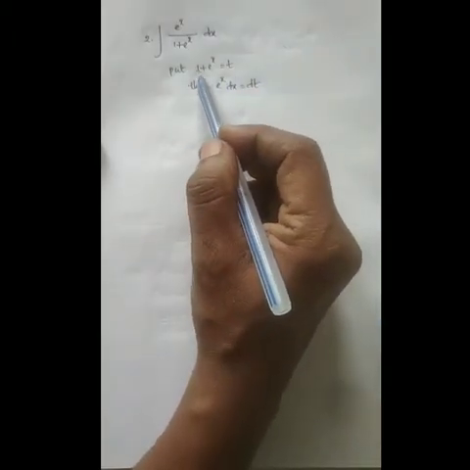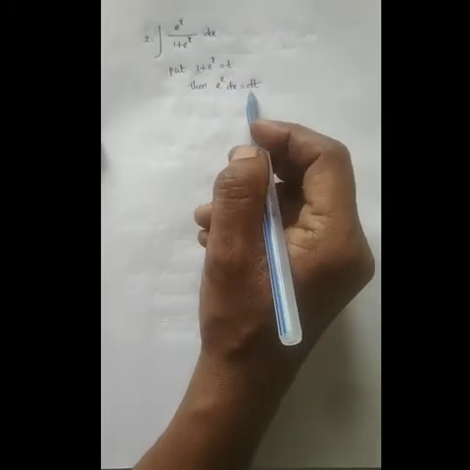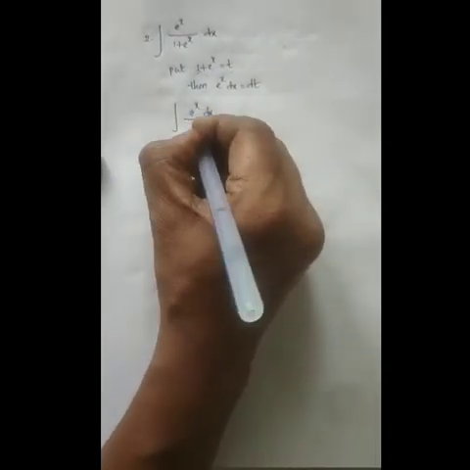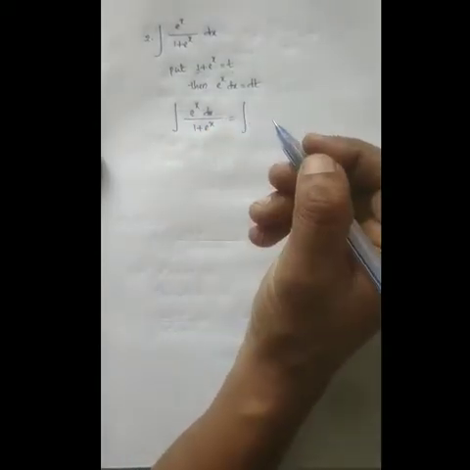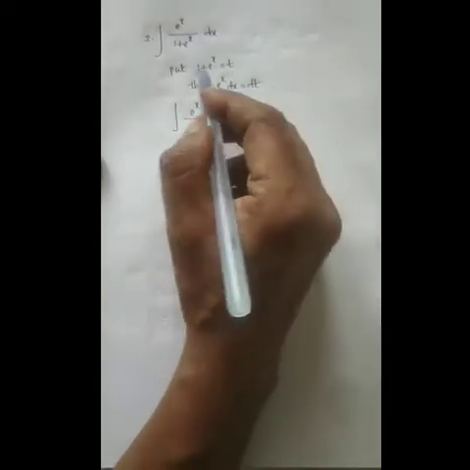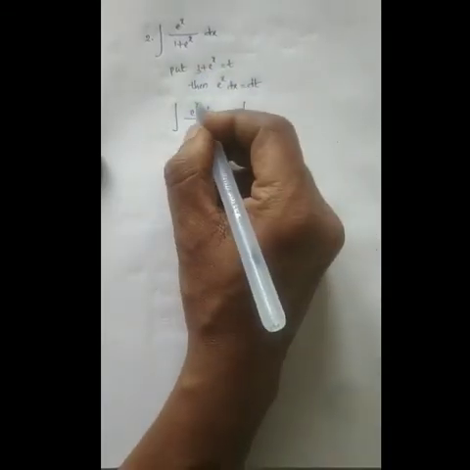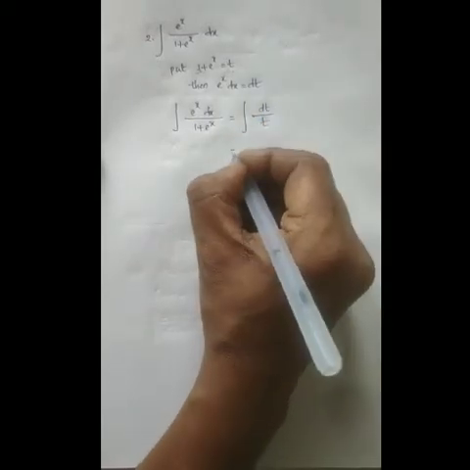Substituting 1 plus e raised to x equal to t, we get e raised to x dx equal to dt. And the integrand becomes integral of e raised to x dx divided by 1 plus e raised to x equal to integral of, denominator can be written as t, and the numerator e raised to x into dx is dt.